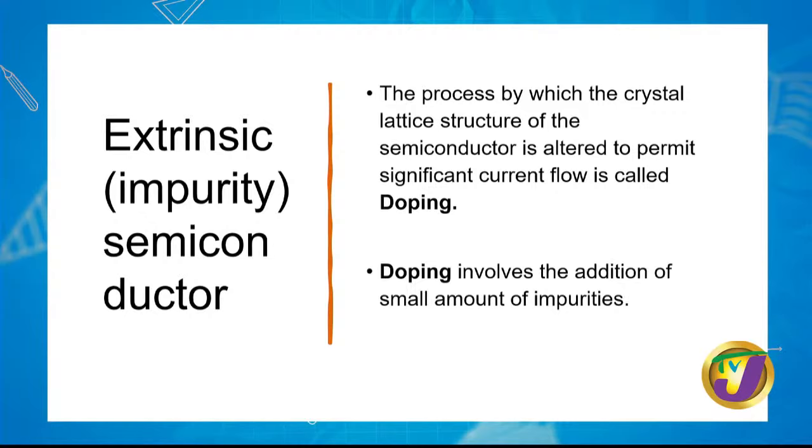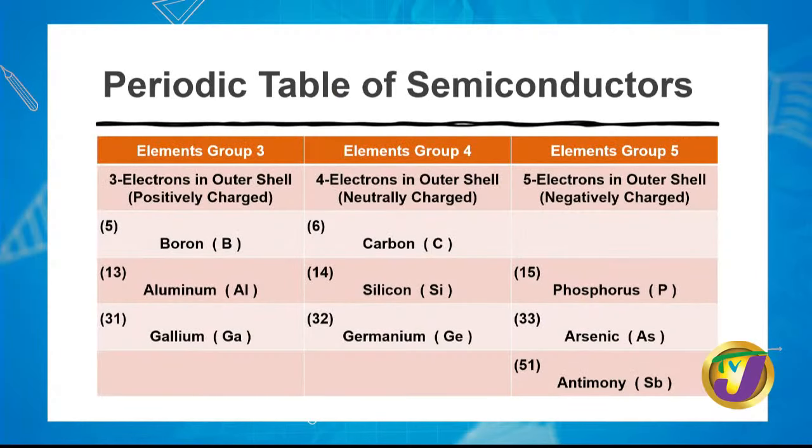Small amount of impurities. Now on our slide, you notice that there's the next terminology that we come across, which is doping. And that is what doping is, students. Just adding small amounts of impurities to that pure semiconductor. But here's the question. Where will you get the material from to add to the pure semiconductor?